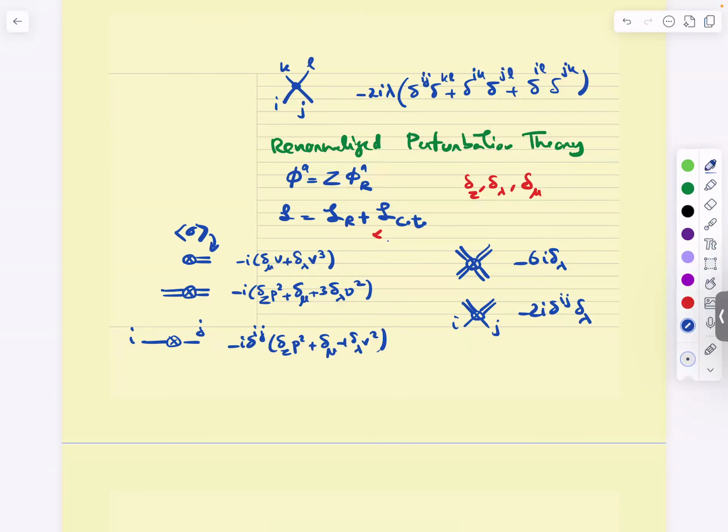For your field, you introduce a renormalization parameter. Can you choose this to depend on A? Cannot. Why?